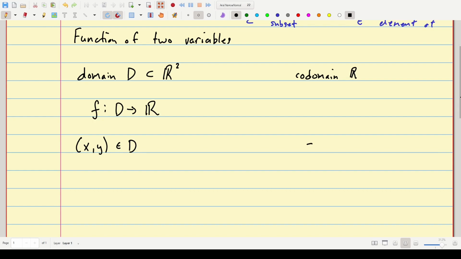And what we're going to do is assign to the variable z the value that is returned by f of xy. Importantly, we have two independent values here and one dependent value.